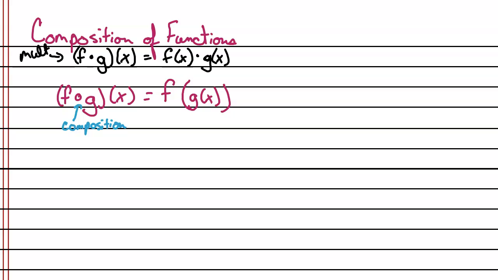So now what is happening is we're going to take f of that g of x. So notice this now becomes my x value.